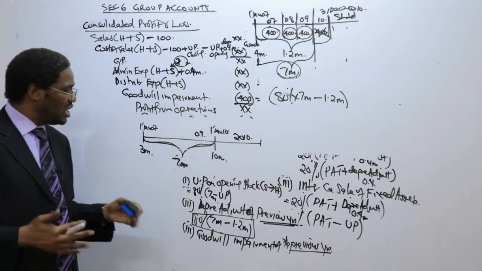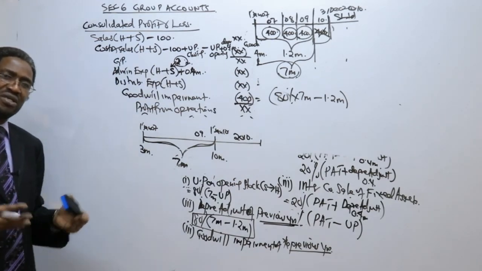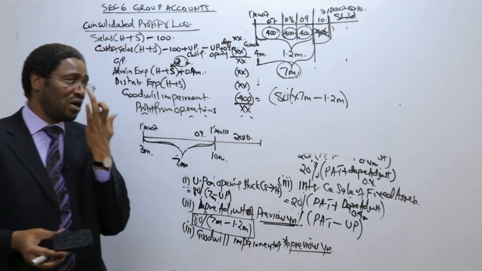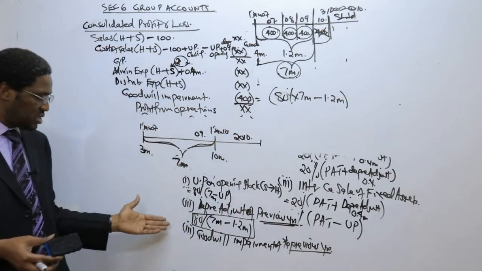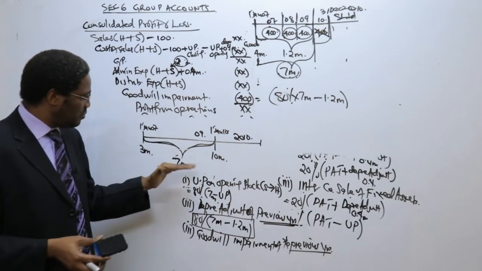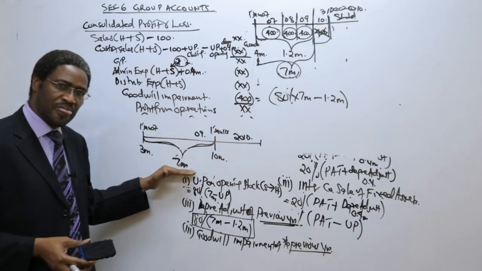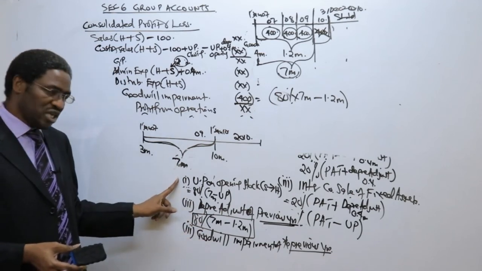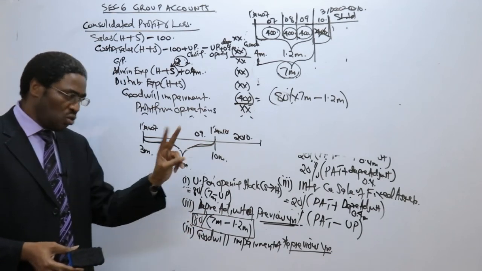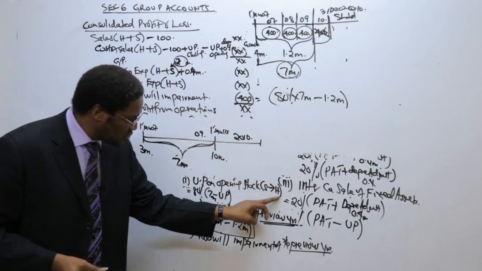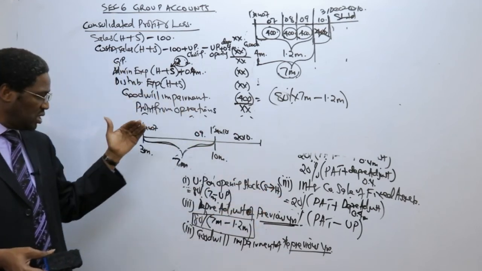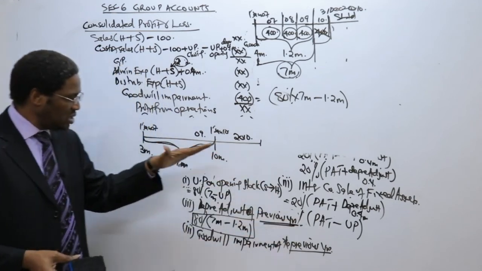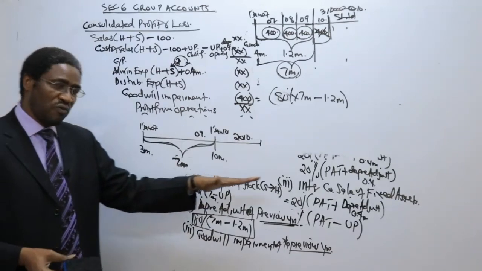The other area we have emphasized is how to determine the group retained profit brought down. You don't just take 80% of the post-acquisition profit brought down if there are any of these 3 issues. 1, unrealized profit on opening stock, where it is the subsidiary that sold the goods to the holding company in the previous year. 2, depreciation adjustment of the previous year. 3, goodwill impairment of the previous year.